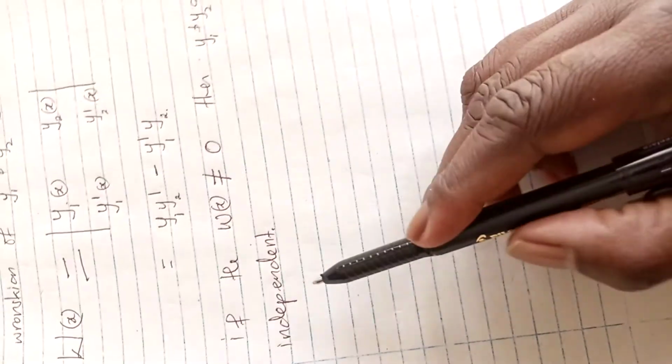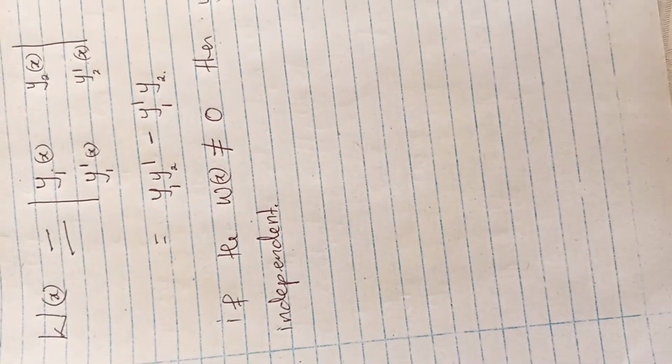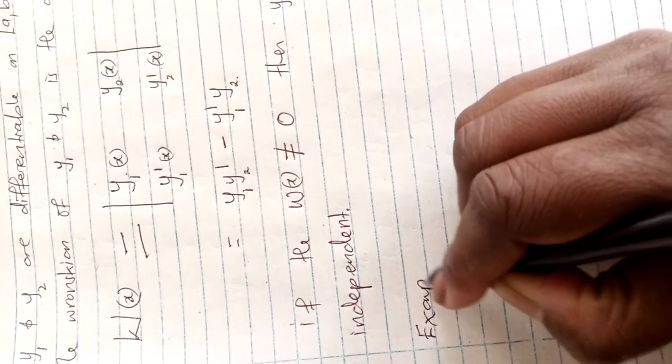Otherwise, if it is equal to 0, then the two solutions are linearly dependent. So we can make use of the Wronskian for the example that we just considered, where we were asked to show that y1 equal to sine x and y2 equal to cos x are linearly independent solutions.